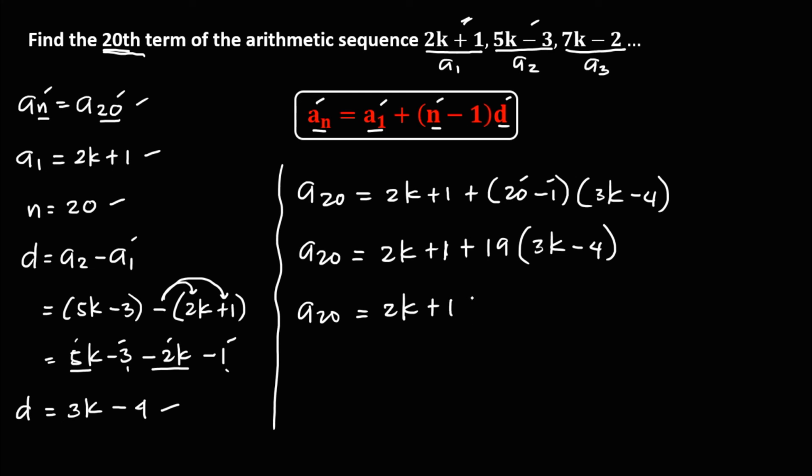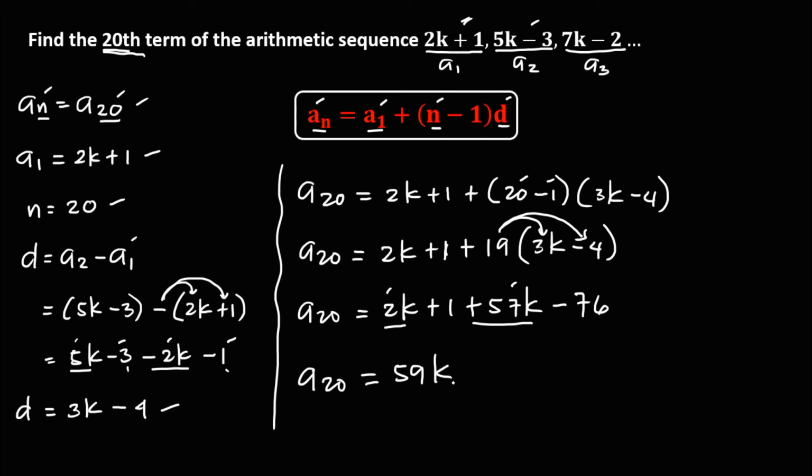Then we have now a sub 28 equals 2k plus 1, then plus this 27 times 3k, that's 81k, and 27 times negative 4, that's negative 108. Then combine like terms, so a sub 28 equals 2k plus 81k, that's 83k, and this positive 1 and negative 108, that's negative 107.